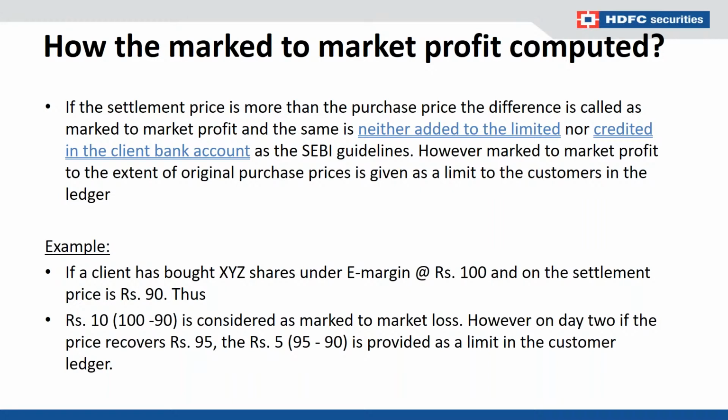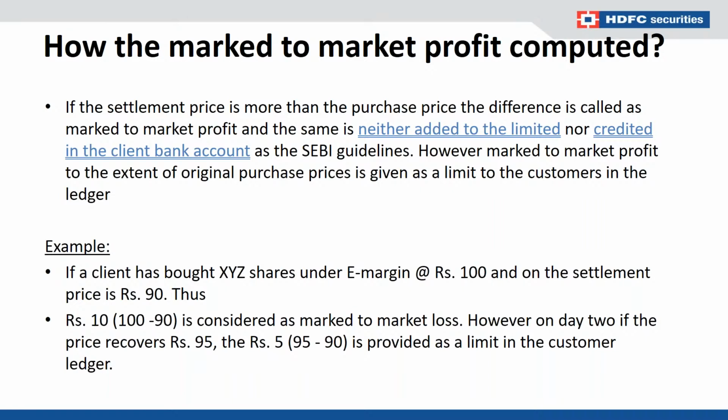In case the stock bought at 100 rupees goes to 95, or the stock price moves from 85 to 90, I, as HDFC, have the right to debit the client's bank account if there's a loss. In similar fashion, I would have to credit your trading account in case there's a profit.